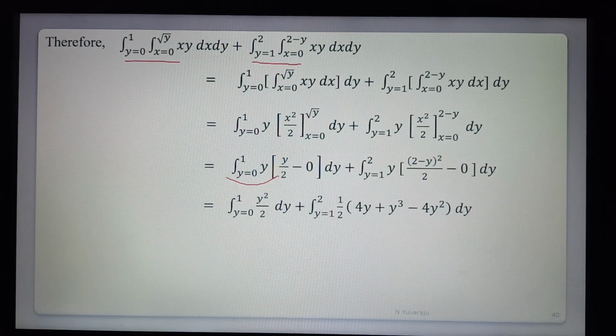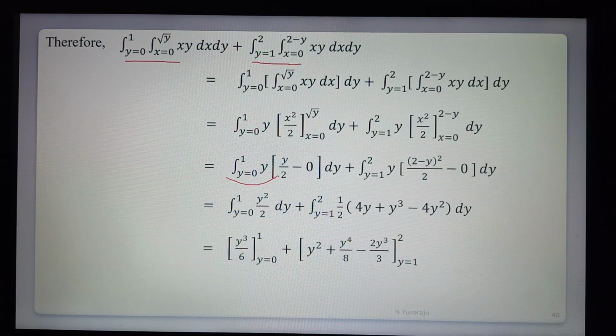So integration 0 to 1, y square by 2 into dy, plus integration y is equal to 1 to 2, 1 by 2 common. Simplification: y into 2 whole square, 4, that is 4y plus y square, into y cube minus 4y square, into dy.